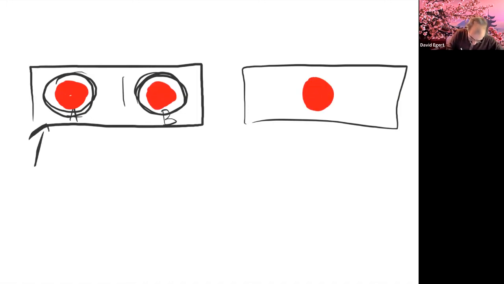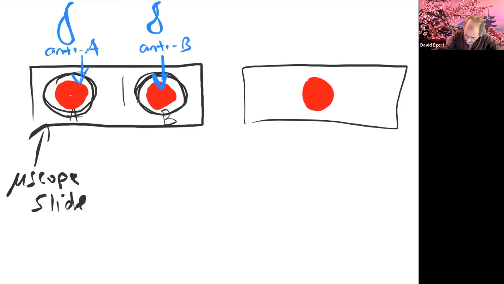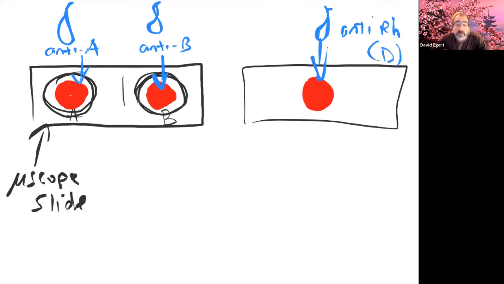So this is just a little microscope slide. And then I'm going to add the antibodies, mix it up, and see what happens.